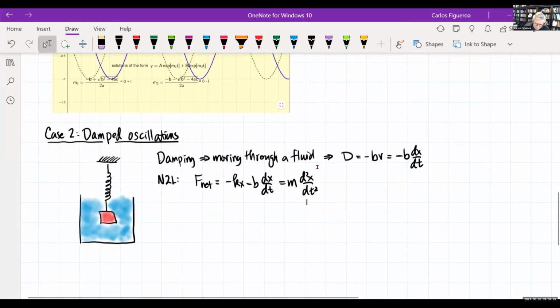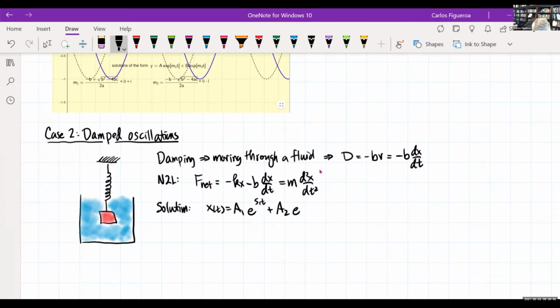As we did before, we should get x of t equals a1 e to the s1t plus a2 e to the s2t, where now the solutions s1 and s2 are these so-called characteristic roots.